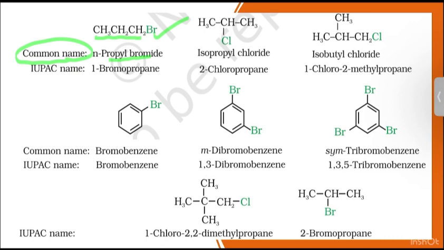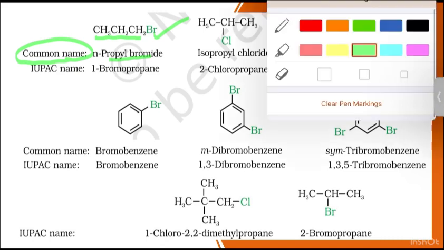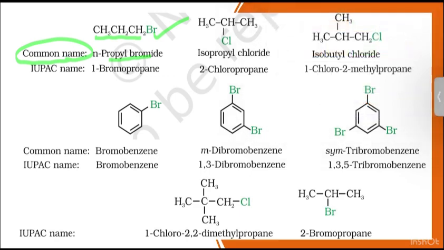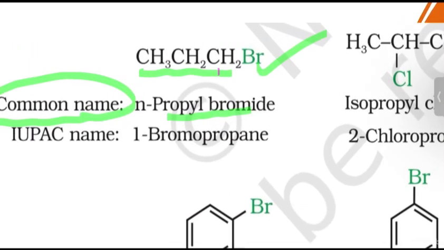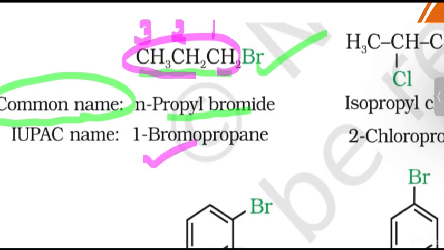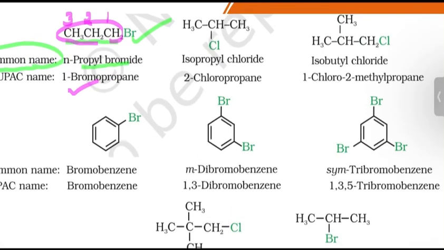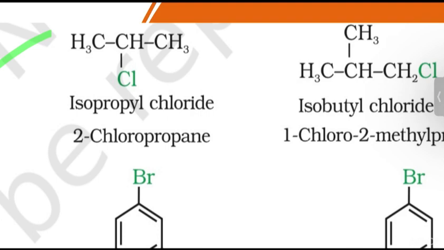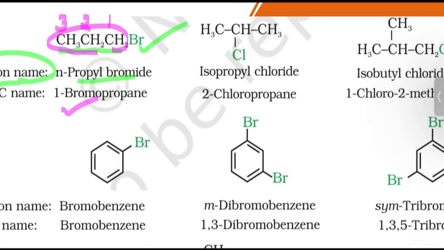So if you write the IUPAC name, you are going to use the same rules. Find out the longest carbon chain, and once you do that, start numbering from the side from where the functional group is getting the lowest possible number. So the name is 1-bromopropane, a simple one. Next, the difference between the first and second is the position of the functional group, that is halogen.